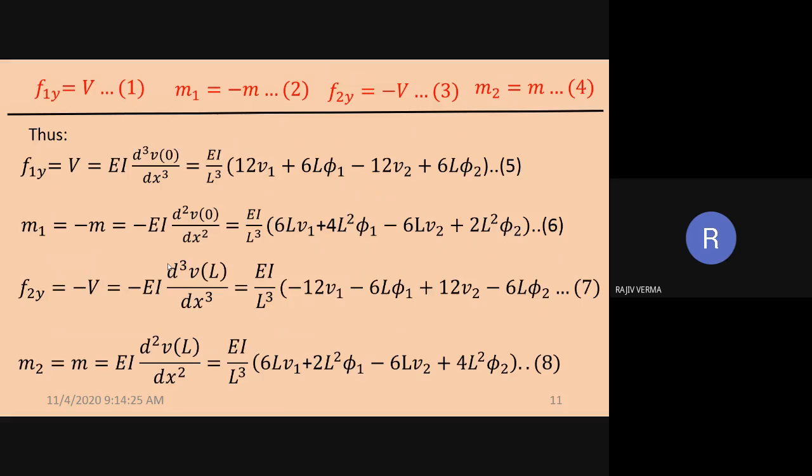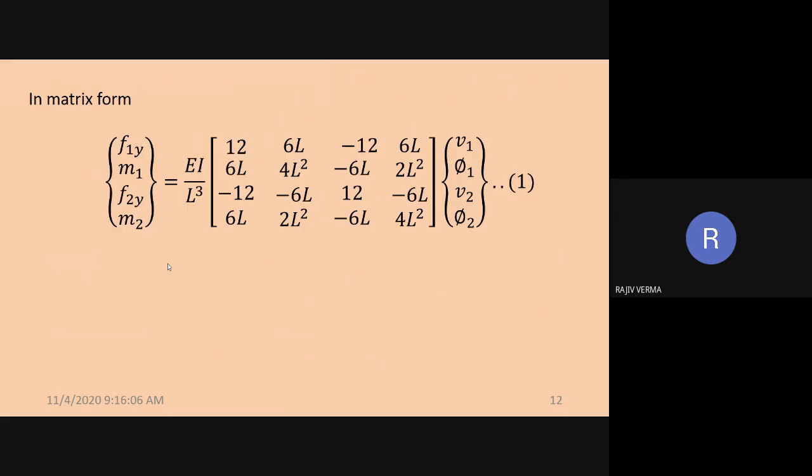And in the next slide, we simply are going to express these 4 relationships in a matrix form as equation number 1. On the left hand side, we have the 4 forces F1y, M1, F2y, and M2 expressed in a relationship against V1 phi1 and V2 phi2.